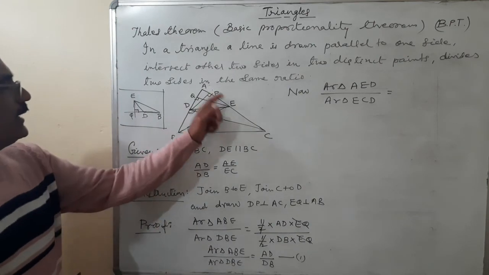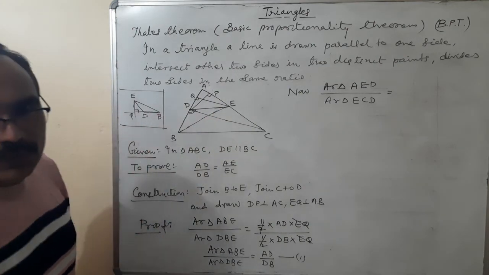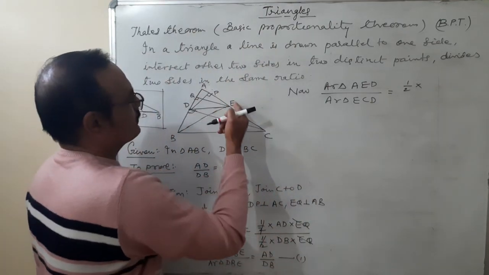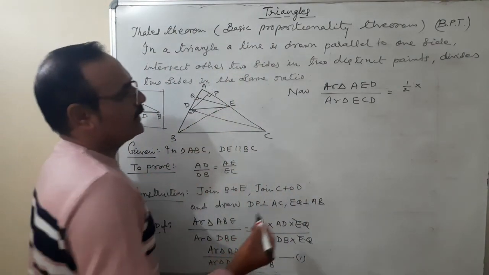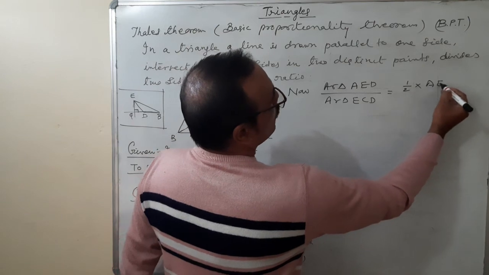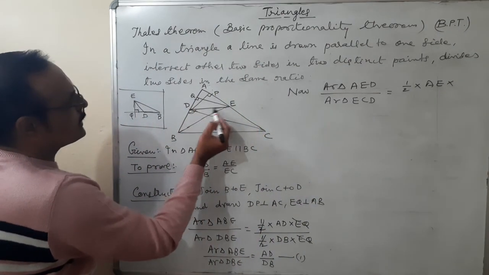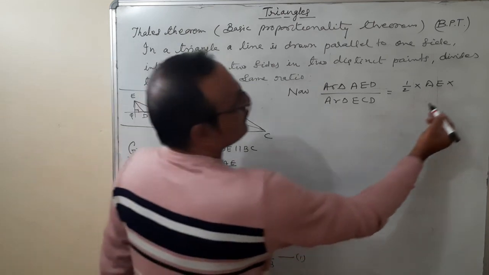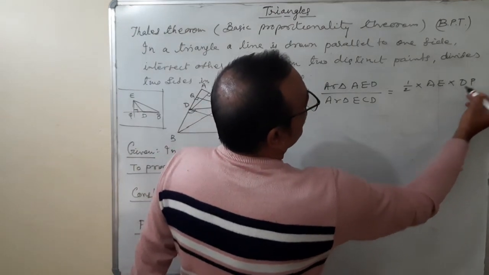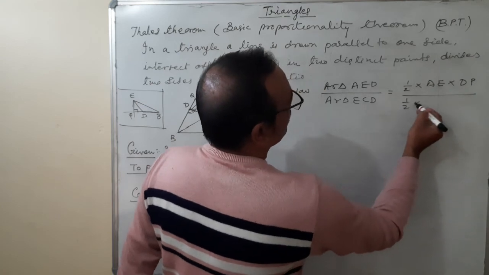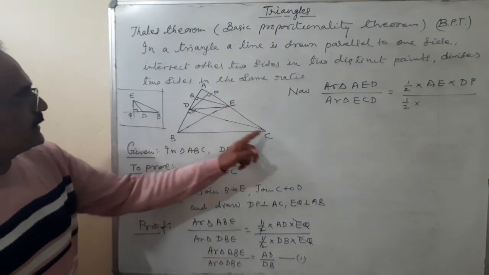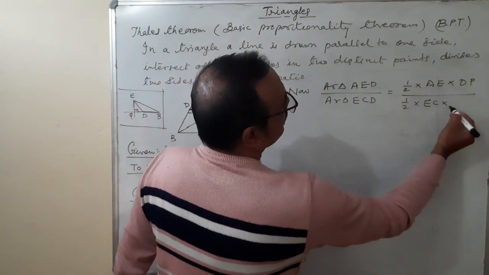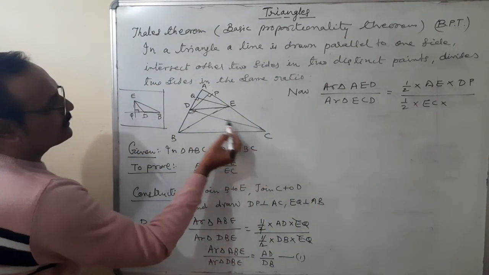Area of triangle AED, again using the same formula, half into base into height. This time we have to take the base as AE. What is the height? In this triangle, since the base is AE, the height is DP. Upon half, ECD, half base EC, and the height is again the same concept.